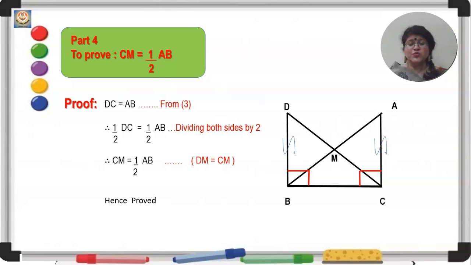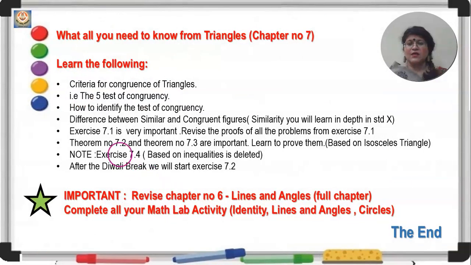Now let us look into what all you need to learn from this chapter up to exercise 7.1. Now learn the following. You need to know the criteria for congruence of triangles, that is the 5 tests of congruency. You should know how to identify the test of congruency. If 2 triangles are given, you should be able to decide what is the test of congruency.